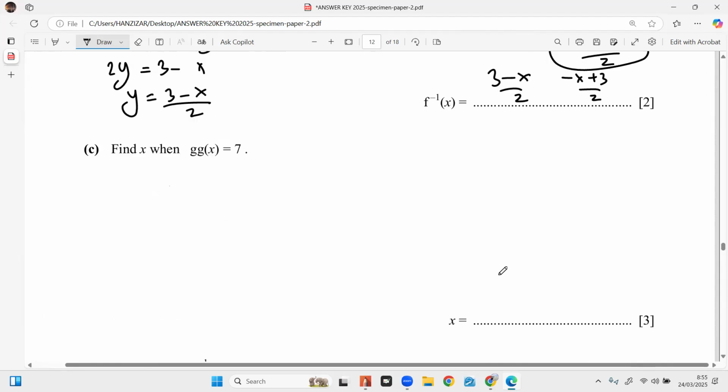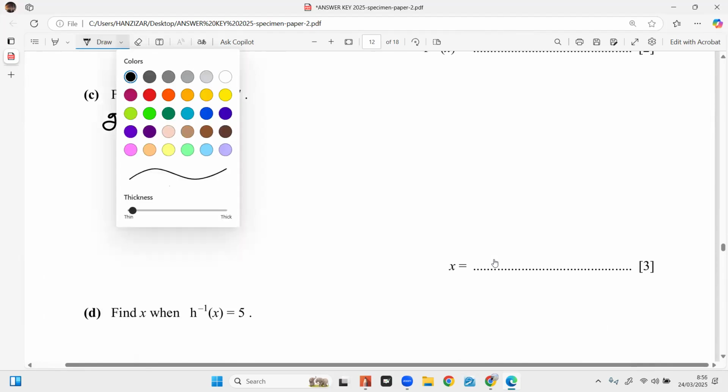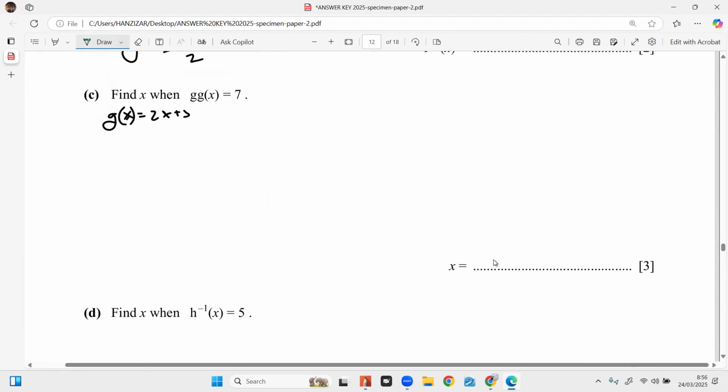Gx is 2x plus 3. I rewrite one more time. Gx. So you put, listen, guys, you put the G inside the G. So 2Gx plus 3. Better slow than wrong. Right? So 2 times 2x plus 3, plus 3.